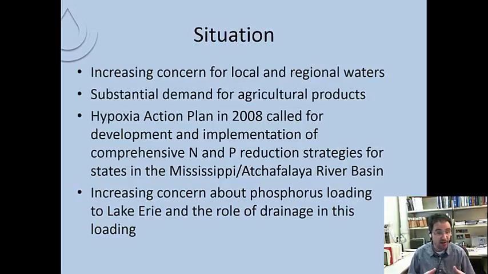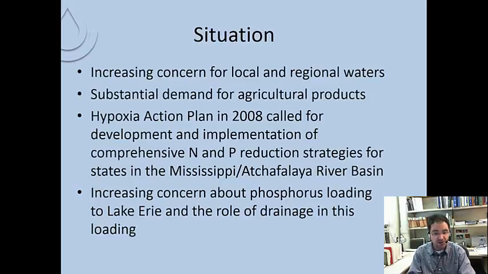As we look at hypoxia, the Hypoxia Task Force in their Hypoxia Action Plan in 2008 called for the development and implementation of comprehensive nitrogen and phosphorus reduction strategies for states in the Mississippi River Basin. So the states are going through this process. Iowa has a strategy that's been developed.